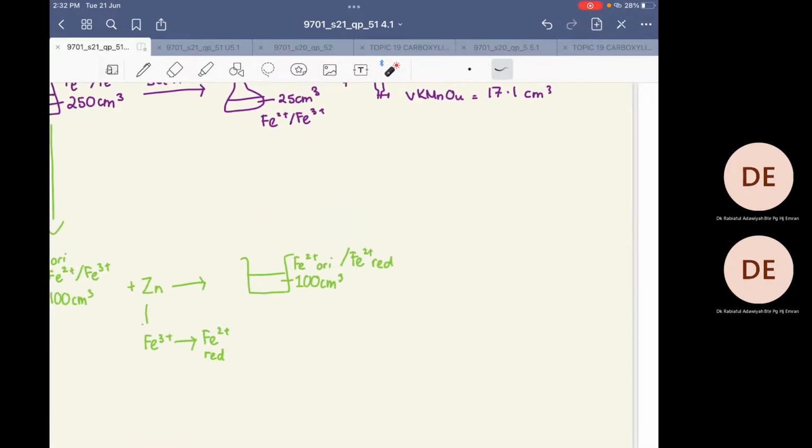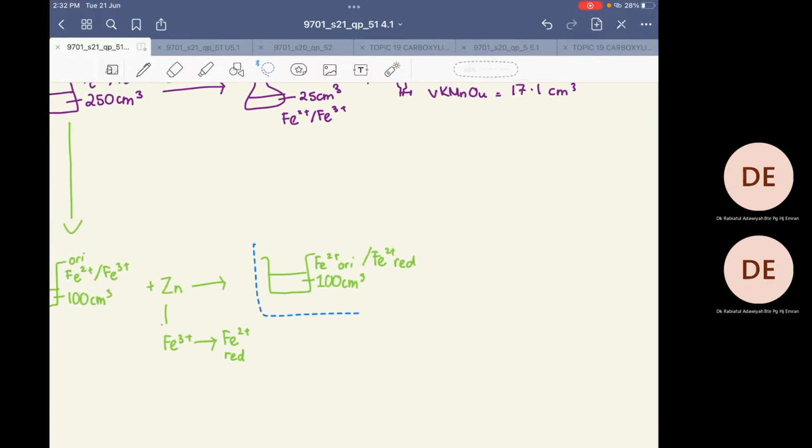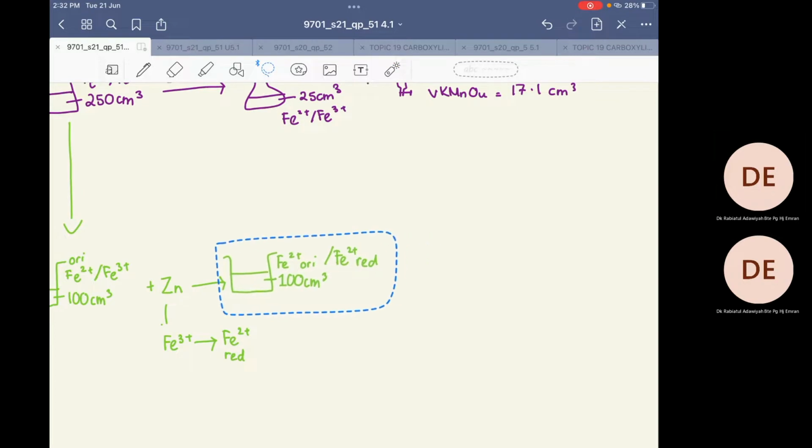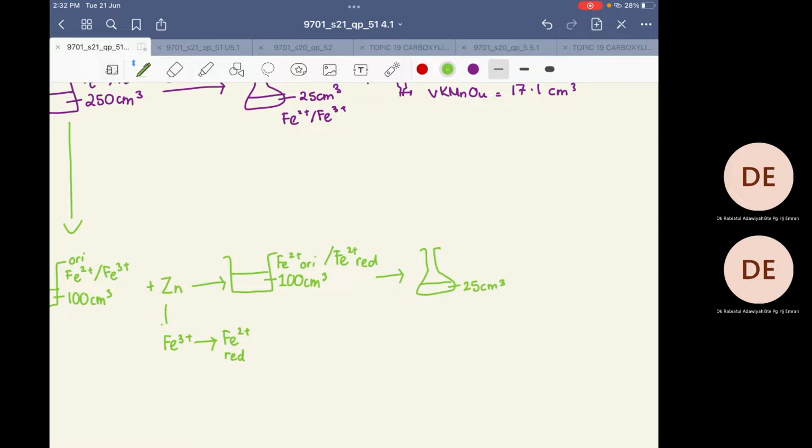Next, transfer 25 cm³. Okay, so that means I take only 25 cm³ of my Fe2+ ori, Fe2+ red solution. 25 cm³, and this contains Fe2+ ori, Fe2+ reduced.